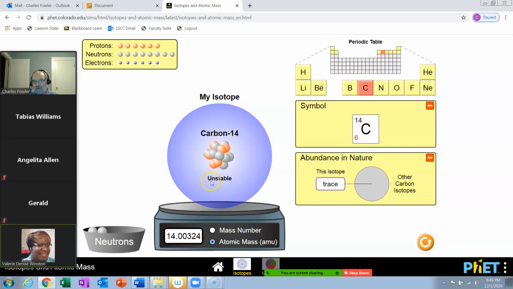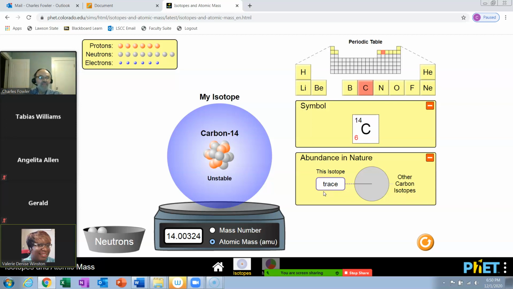No. Okay. Now, what's its mass number? 14. Atomic mass? 14.00324. Got it. Okay. And what's its symbol? 146C. Got it. And what's its abundance in nature? Only a trace.